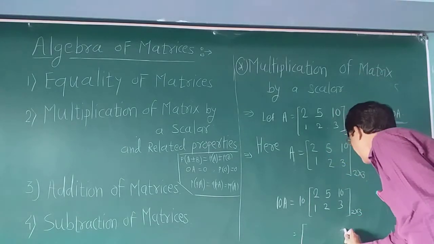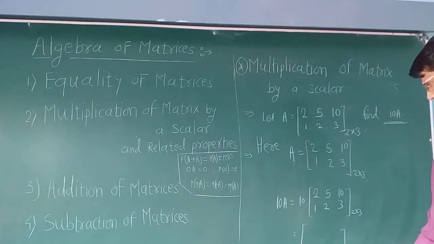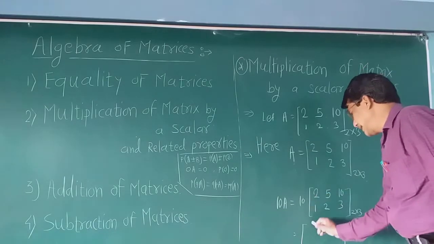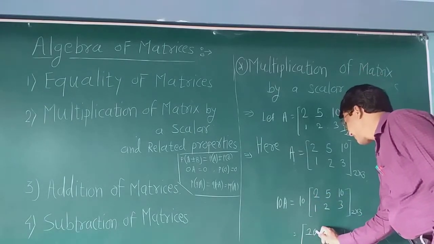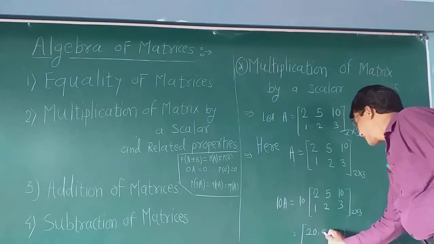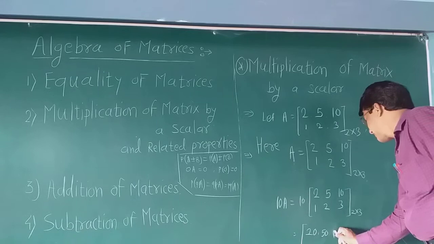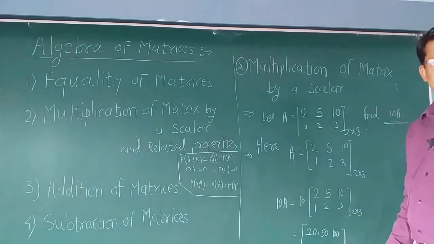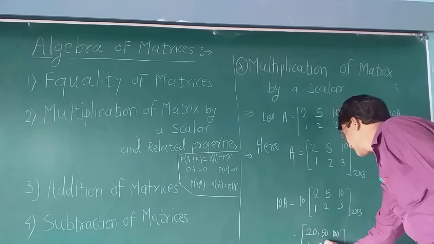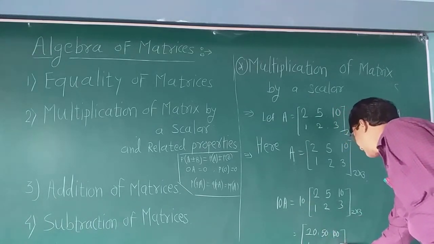What will our answer be? 10 multiplied by 2 is 20. 10 multiplied by 5 is 50. 10 multiplied by 10 is 100. This is our first row. Second row: 10, 20, 30.